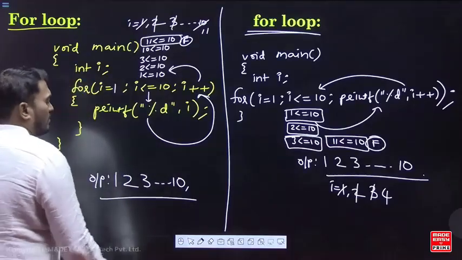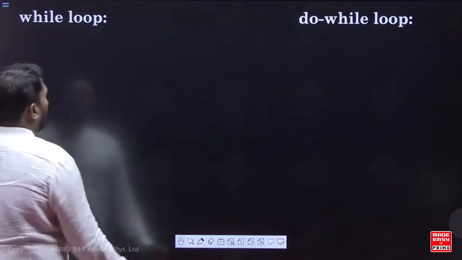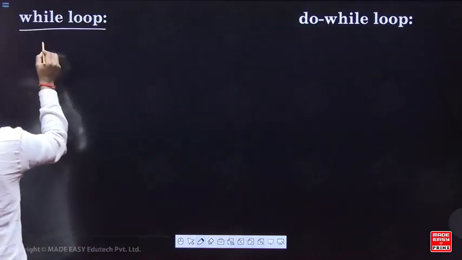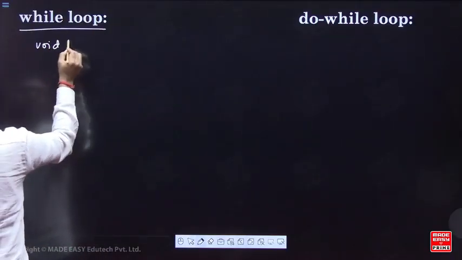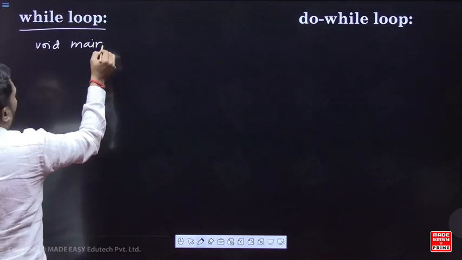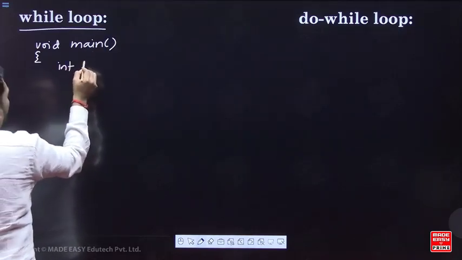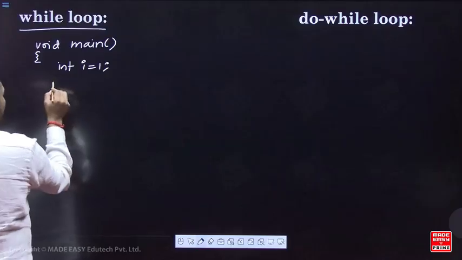Okay, so understand here. Next, let's try to do that with the while loop. Now look here. While loop, everybody done that. I think while loop is also simple. So you write void main. Okay, listen here, same thing. Integer i equal to 1.